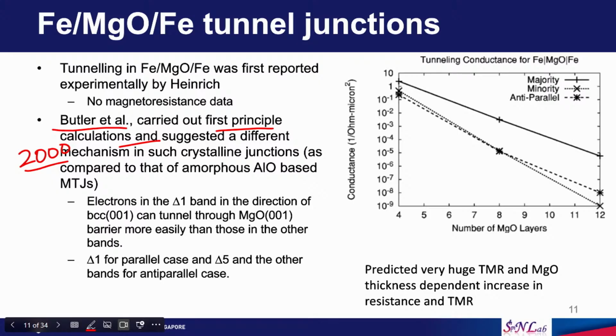He proposed that if, instead of using aluminum oxide, you make a magnetic tunnel junction based on iron, magnesium oxide, iron in a particular crystal structure like 001, you can achieve very large TMR. I think according to this model, the TMR can be like 10,000% or even larger, something like that.